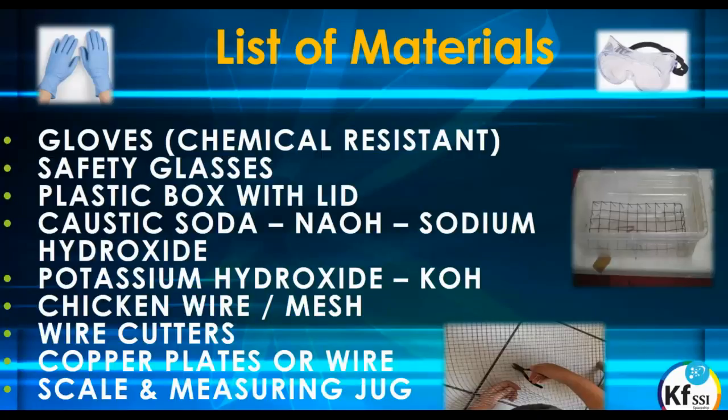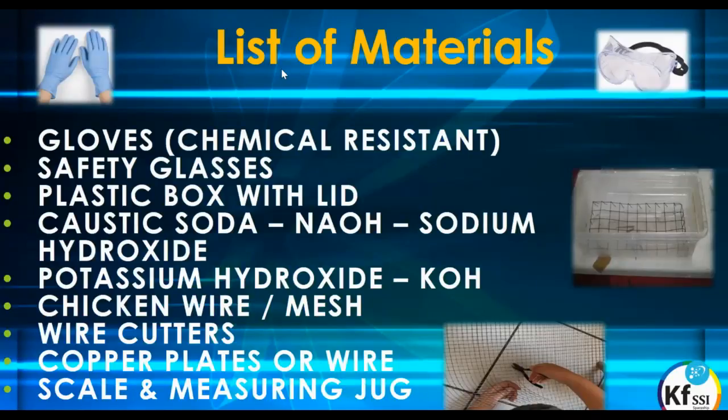Regarding safety, please read your materials safety data sheet according to your country's regulation when you buy the caustic material, take care of what's there, and keep the instructions. You have to know that caustic soda is not a toy.